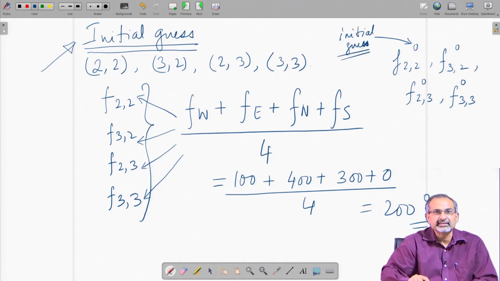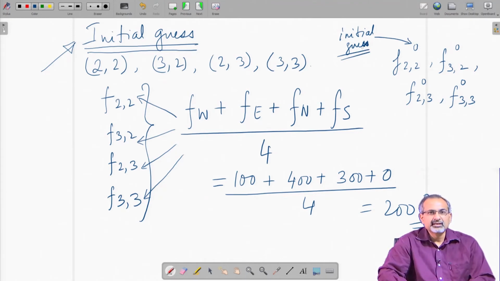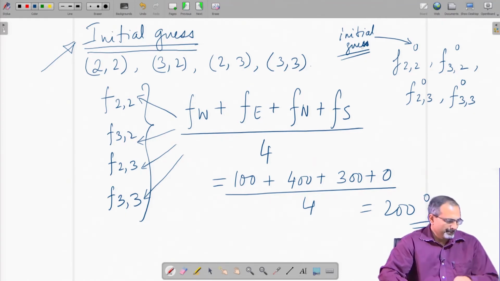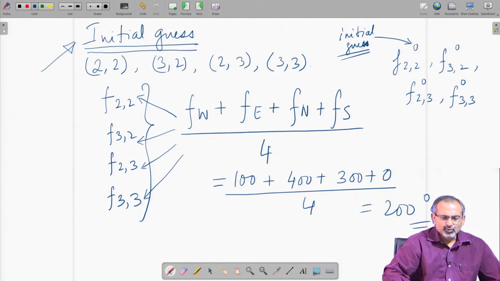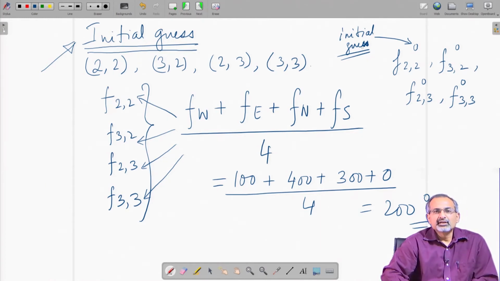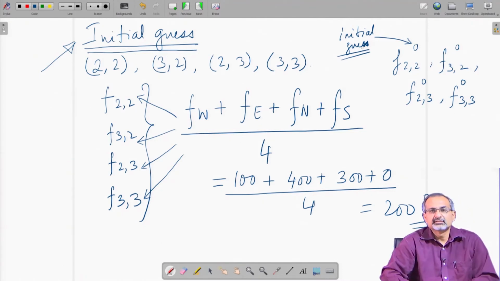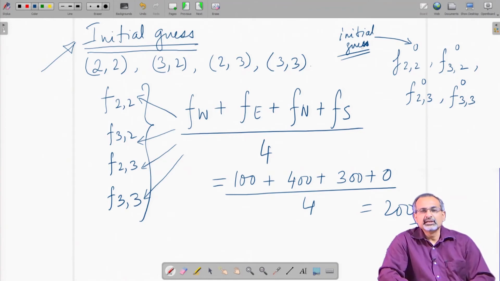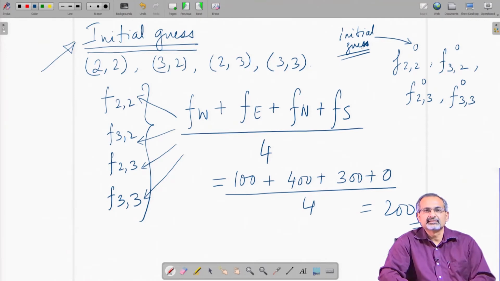We have not iterated anything, but we have just guessed a value for each one of these interior points to begin the calculations. Note that we never touch the boundary conditions because they are predefined, and additionally, as the iterative calculations go on, the boundary values will never be touched when you have defined them in a Dirichlet sense.